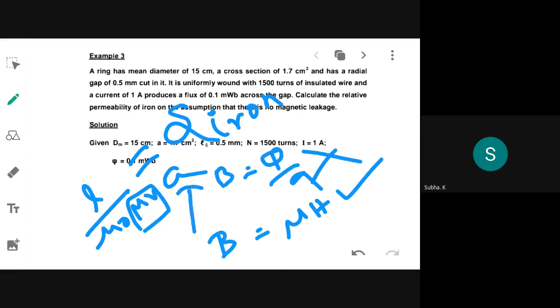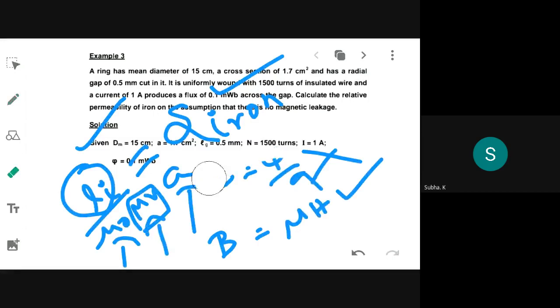Area is directly given, that is known, that is 1.7 centimeter square. Mu naught you know. Now, how will I find the mean length of the iron path? The mean length of the iron path I need to find, and the reluctance I need to find. If these two are known to me, then I can easily substitute in this formula and find out mu r.